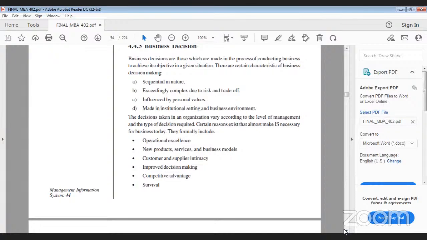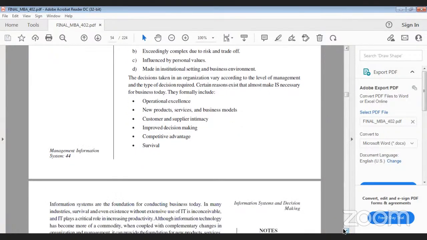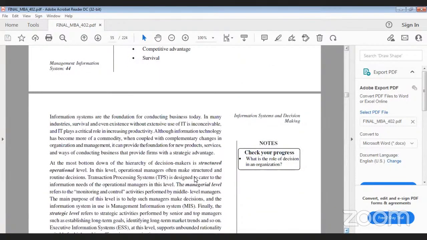Information systems are the foundations for conducting business today. Industry survival and even sustenance is not possible without extensive use of IT, and IT plays a critical role in increasing productivity.